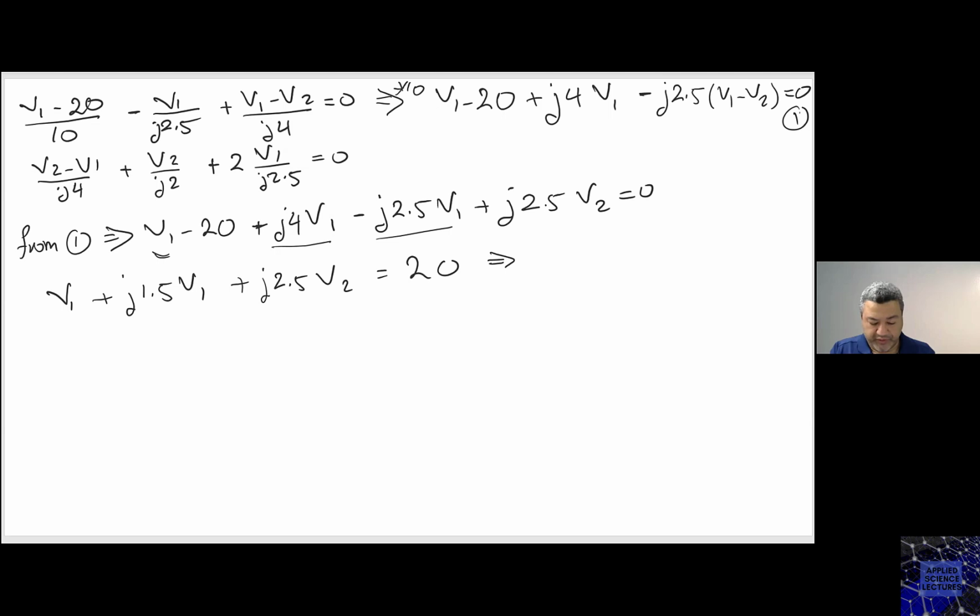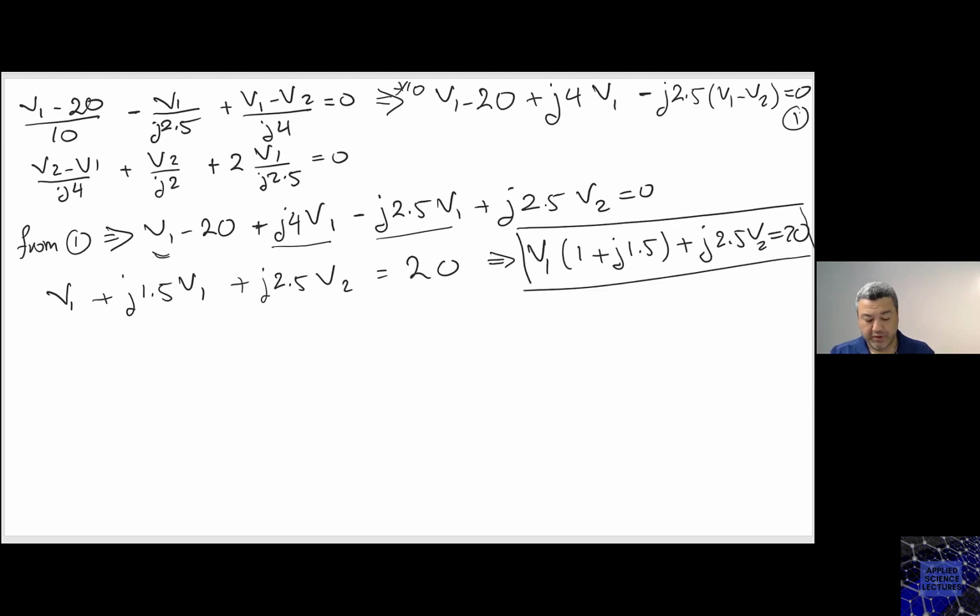Or v1 times 1 plus j1.5, plus j2.5 v2 equals 20. So this is the first equation.